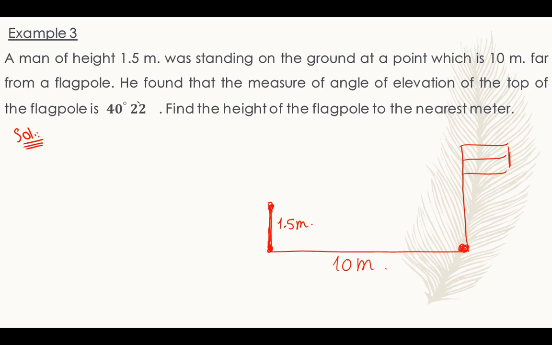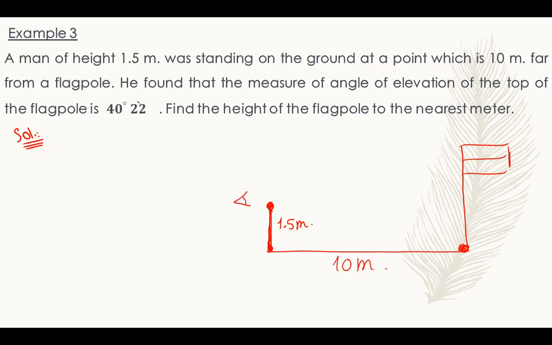Here the man found that the measure of the angle of elevation of the top of the flagpole is 40 degrees and 22 minutes. So here is the eye of the man.